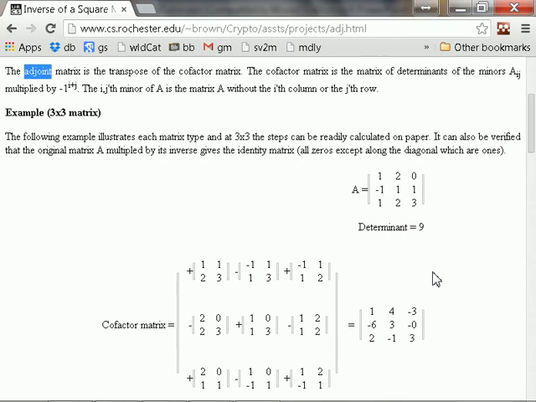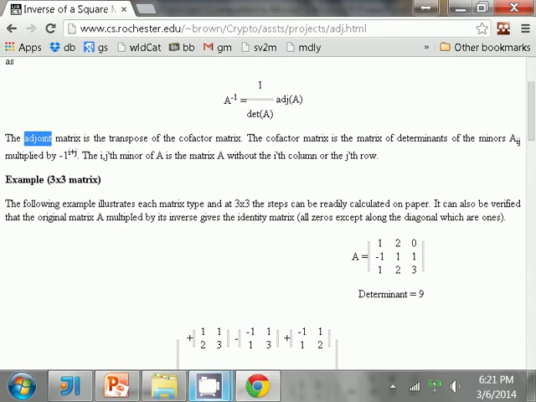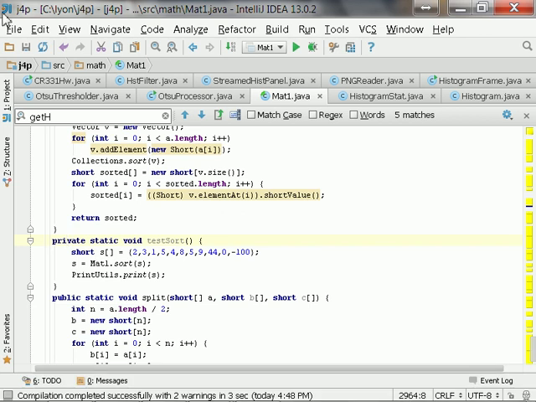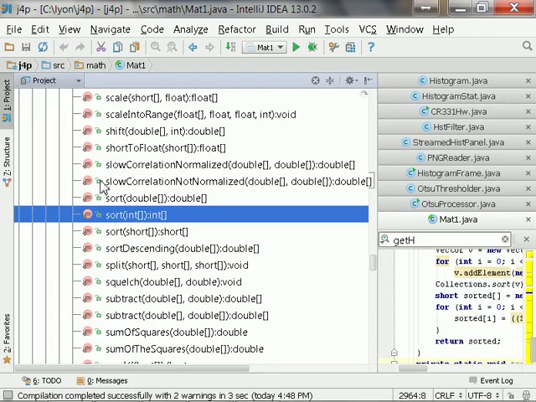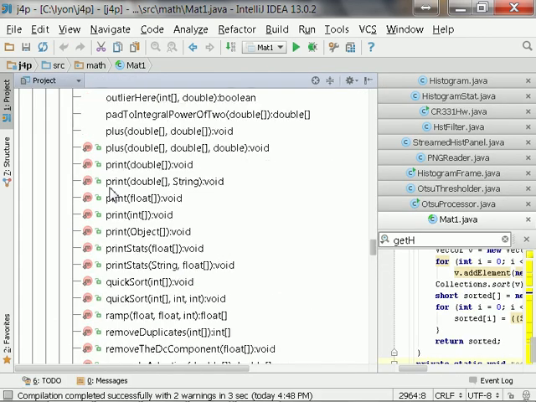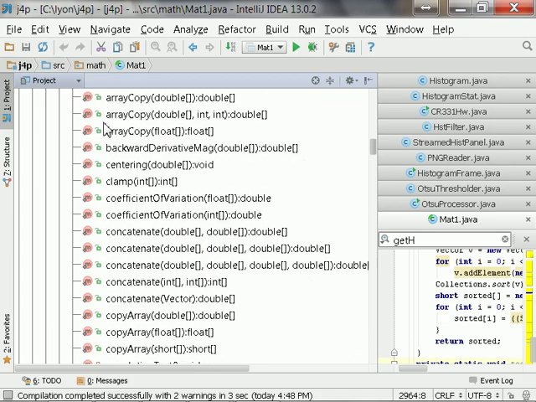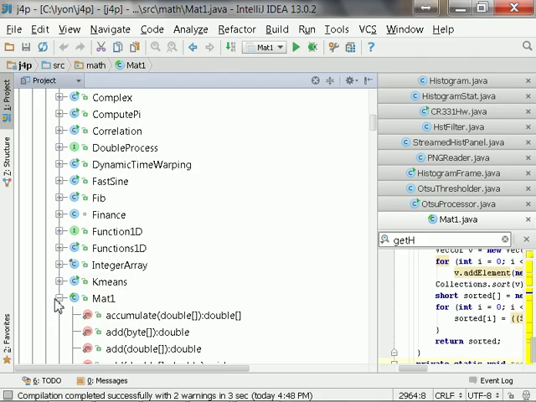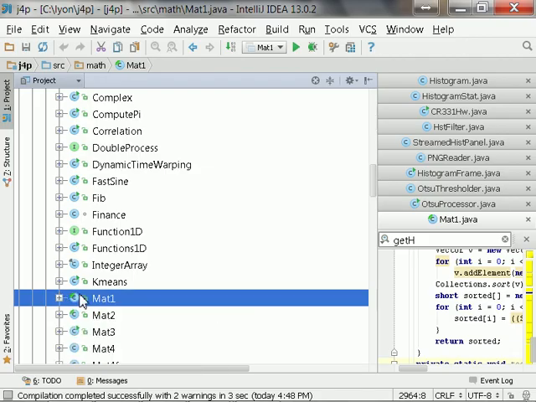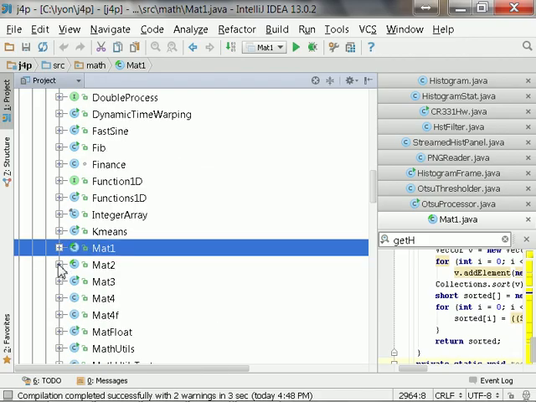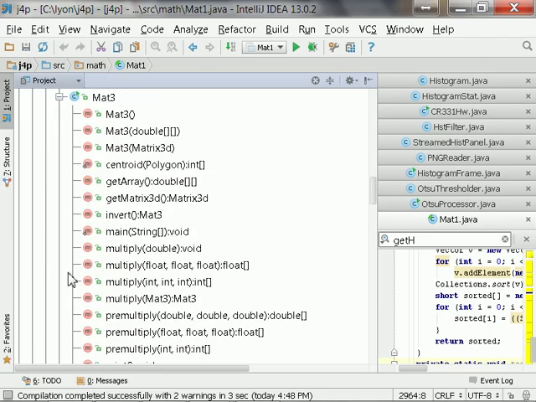So this is how you do it. And if you're in Java and you want to find the inverse of a 3 by 3 matrix, you can find it in the MAT3 class. MAT2 will be a 2 by 2. With MAT3, I should be able to get the inverse.